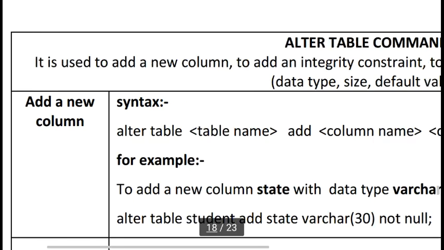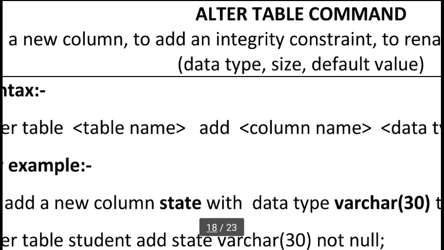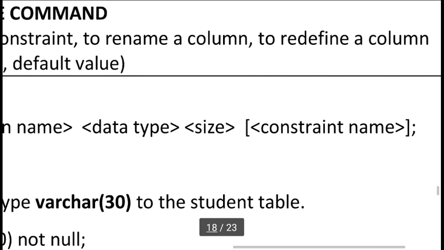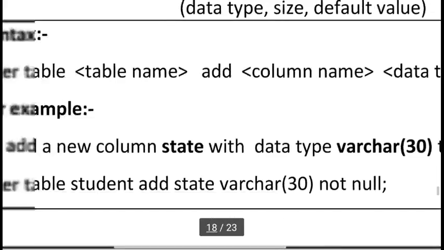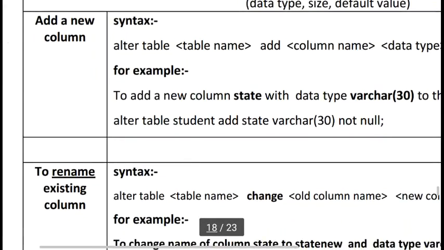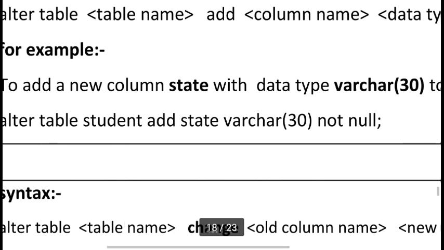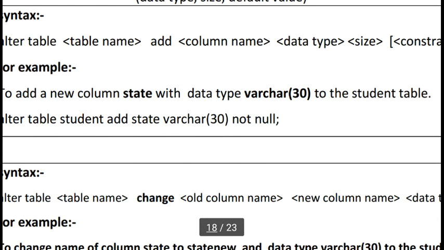The structure is simple: ALTER TABLE table name ADD, and here ADD is important, then the new column name, data type, size, constraint, and then a semicolon. Here is an example. Suppose in the student table I want to add a state column with data type VARCHAR 30. The student table is already created, but I want to include one more new column.